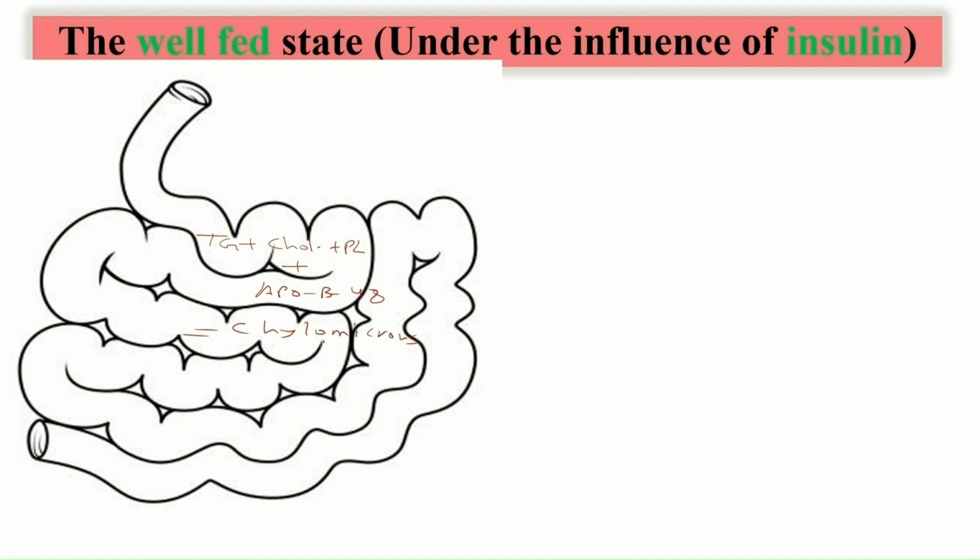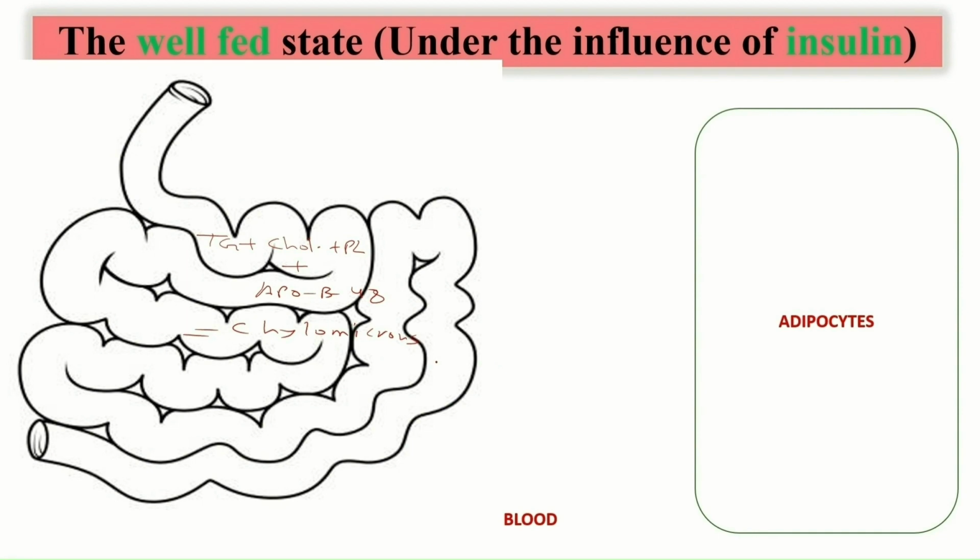Chylomicrons formed in the intestine finally enter the circulation via lymphatic ducts and undergo a similar fate as VLDL. Which is to say, they too deliver their triglyceride components to adipose tissues. Again, the details of this process are a bit out of scope for this discussion, but, I hope you get that, the lipids from our diet form chylomicrons in the intestine, whereas, the glucose from our diet forms VLDL in the liver. After entering the circulation, they serve a similar purpose: to deliver fats into the adipose tissue for storage.